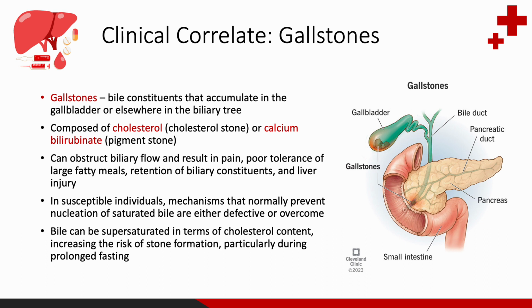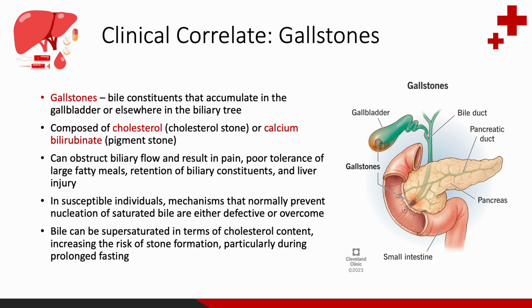Gallstones represent bile constituents that accumulate in the gallbladder or elsewhere in the biliary tree. They are composed predominantly of cholesterol or calcium bilirubinate, known as pigment stones. They can obstruct biliary flow and thereby result in pain, poor tolerance of large fatty meals, retention of biliary constituents, and if left untreated, liver injury.